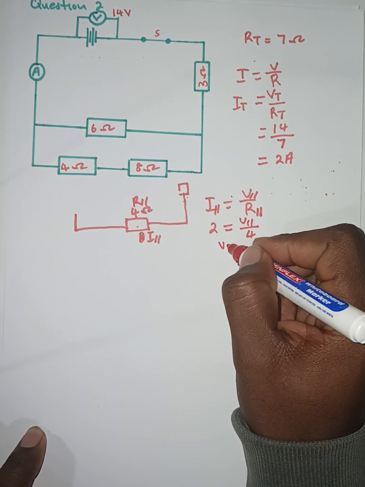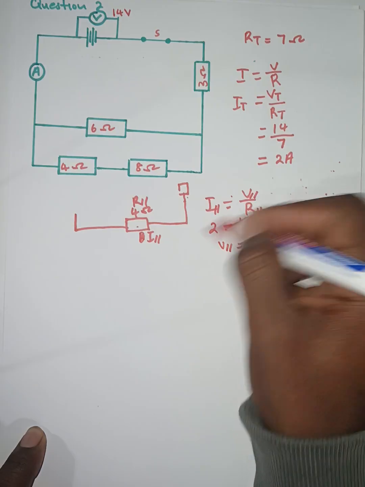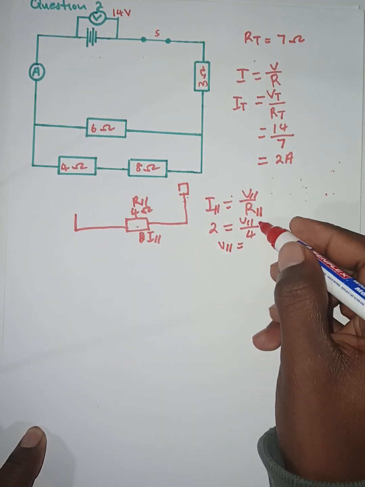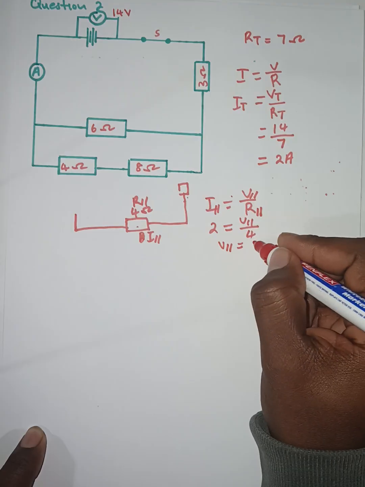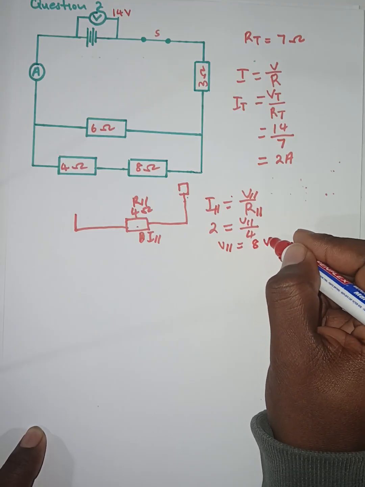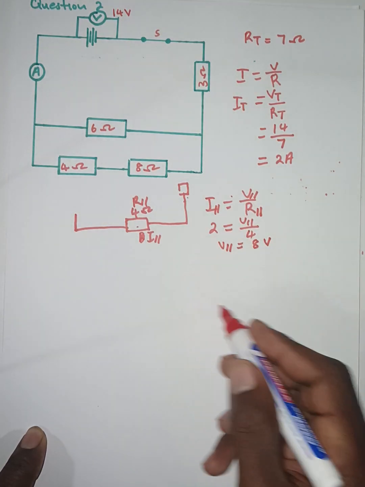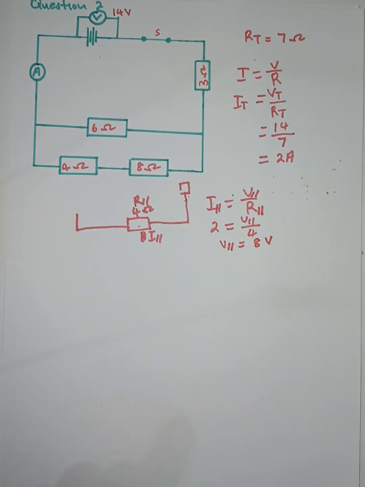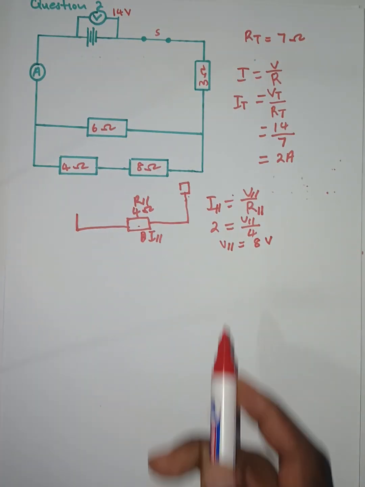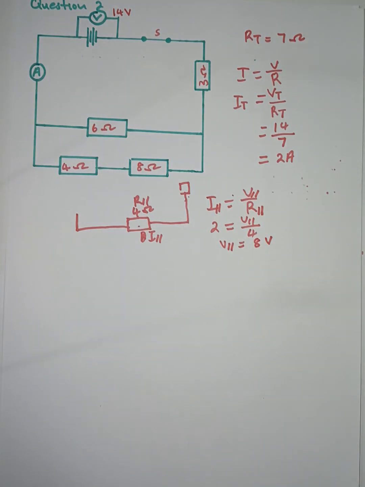So now if I do my mathematical gymnastics, if you do a cross multiplication there, you would find V parallel to be 8 volts. So that would be the voltage used across my parallel resistance. Now remember, we said resistors that are in parallel have the same voltage, right?